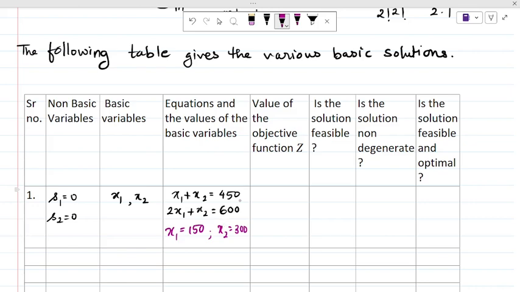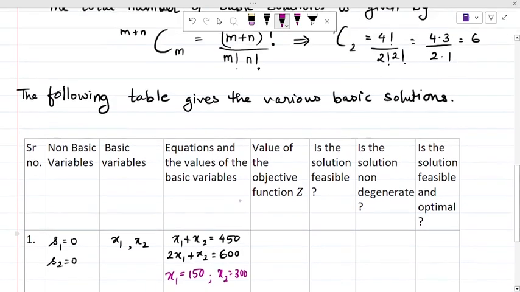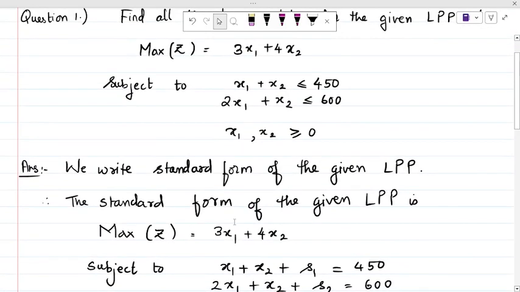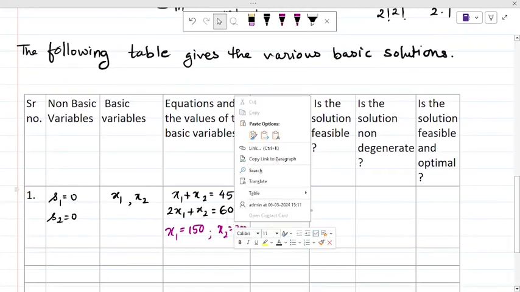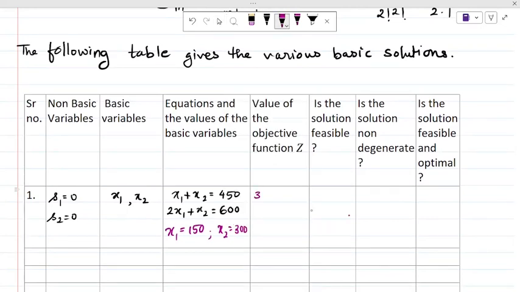Now we calculate the value of the objective function z. As per the formula, it is 3x1 plus 4x2, so 3 times 150 plus 4 times 300, which gives 1650. Now, is this solution feasible?